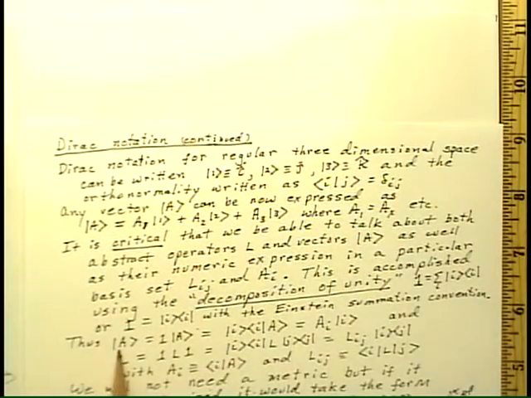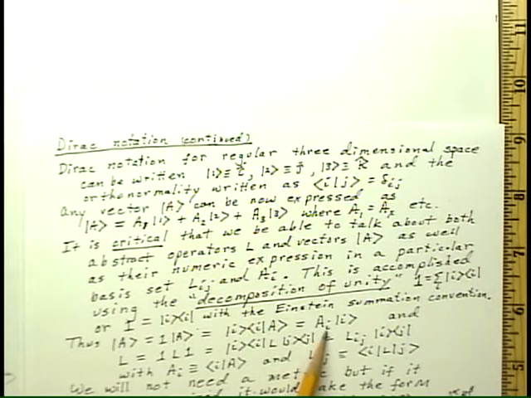Let's look at some examples here. Certainly the vector A, an abstract vector, is 1 times A, which is the sum of |i><i|, the completeness relation, or as it's sometimes called, the decomposition of unity, times A. Now you'll notice that we have the vector A projected onto each of the basis elements, which is something we call Ai.